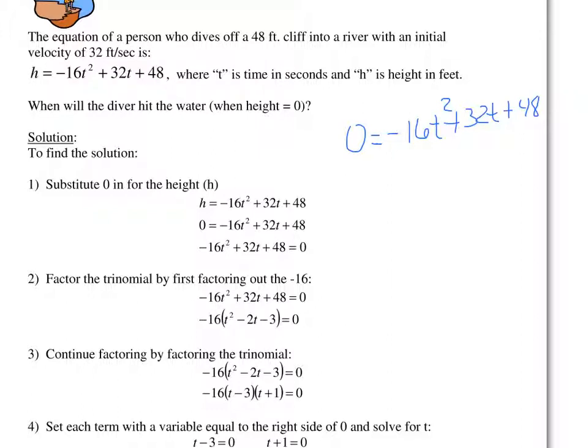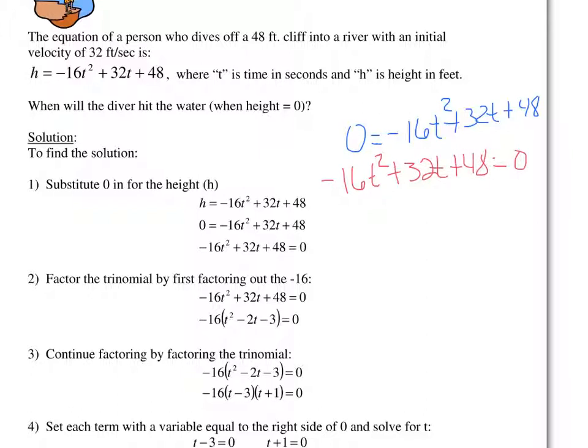And this is an application of solving a quadratic equation, where the first step is to make sure it equals 0. So you can see the author just reversed the equation. That's perfectly fine. You can put the expression on this side and the 0 on that side. It looks a little bit more natural that way. Negative 16 t squared plus 32t plus 48 equals 0.